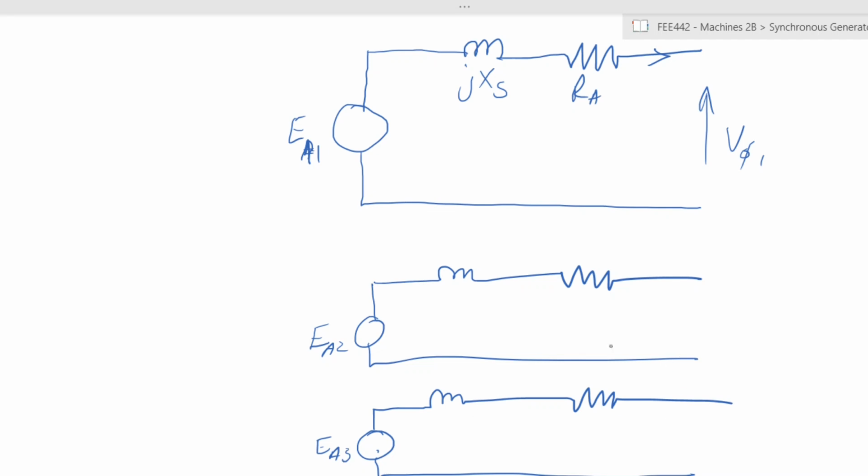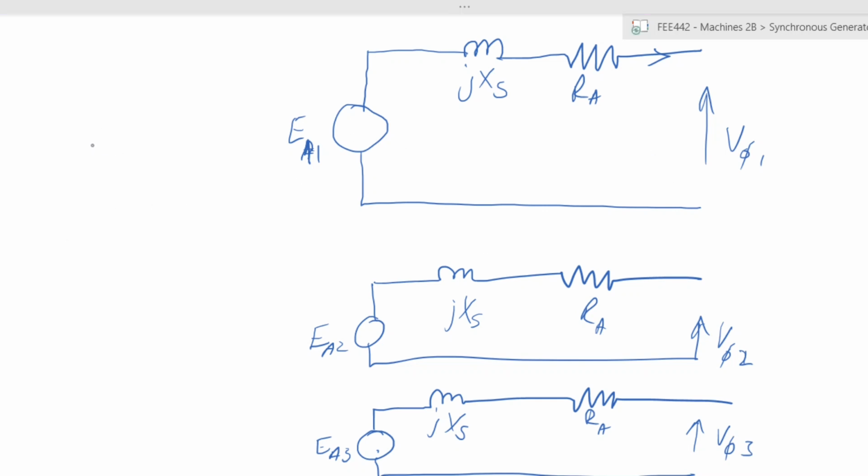So you have three windings with all the elements that you are talking about, RA, and you have three phases, V phi 3, right? So this is the armature side.